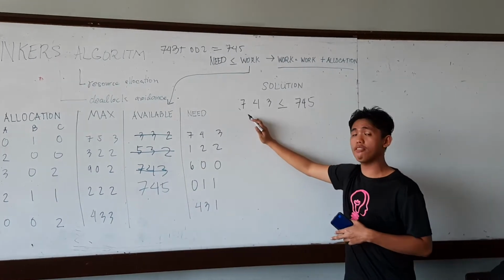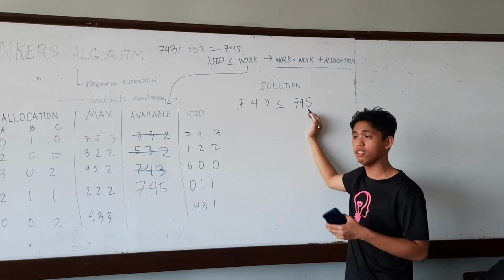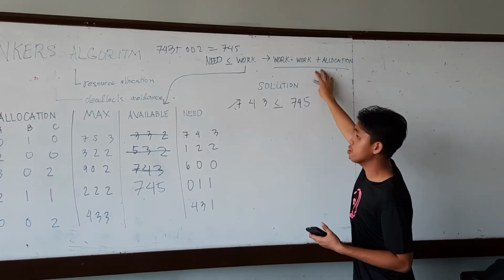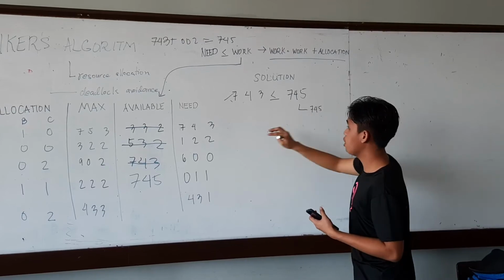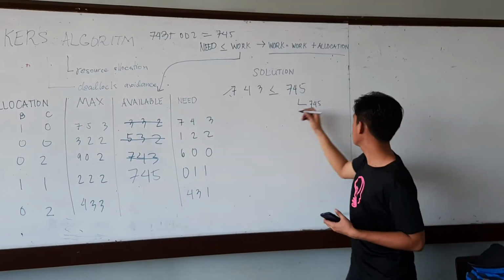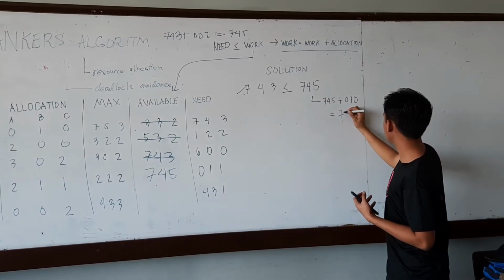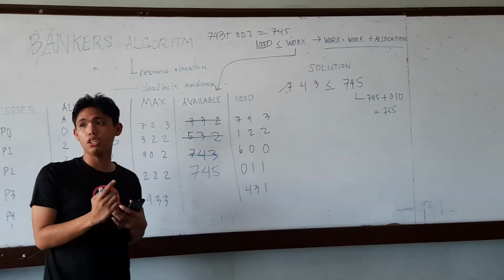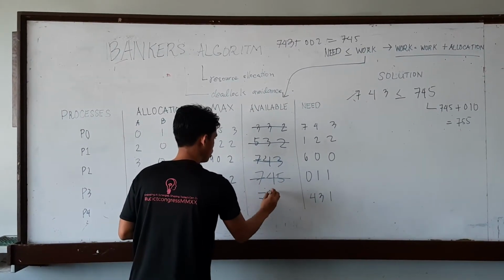Is 743 less than or equal to 745? It's true, so we use the formula: 745 plus the allocation, which is 010. So the answer is 755, and 755 will be the new updated available value in this column.